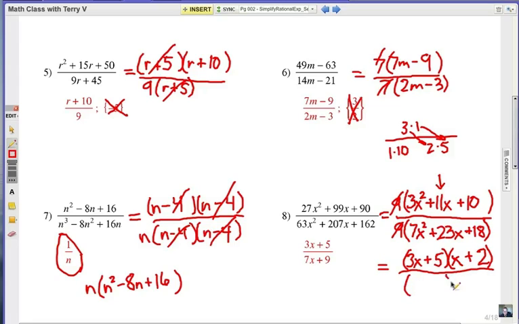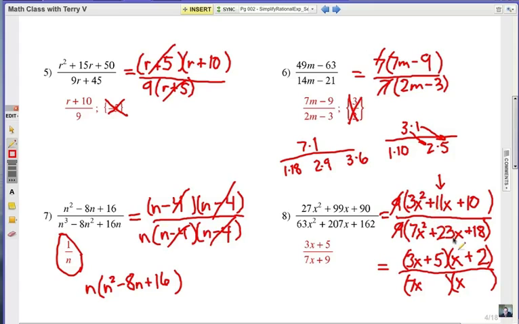All right, let's look on the bottom. What have we got here? Well, let's try 7x and an x. Now notice how everything's positive here. So again, let's try 7 times 1, and factors of 18 are going to be 1 times 18, or 2 times 9, or 3 times 6.